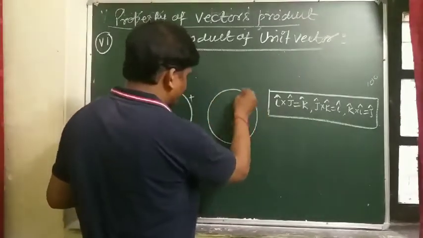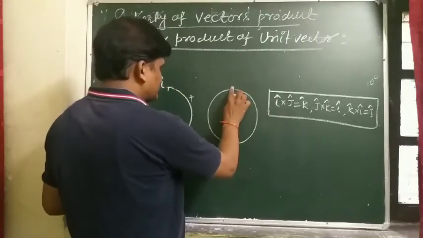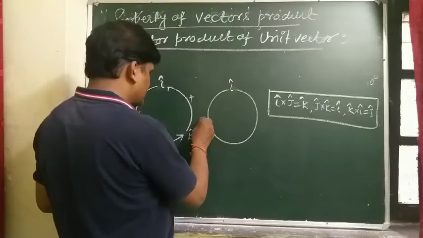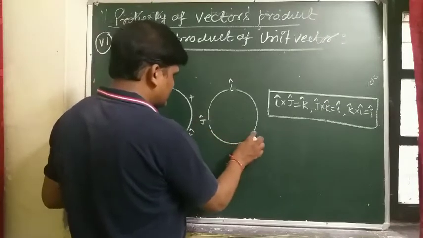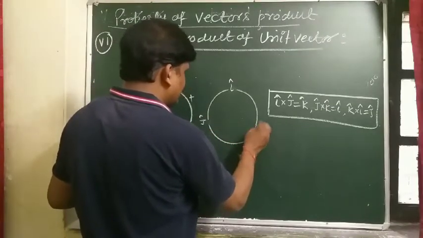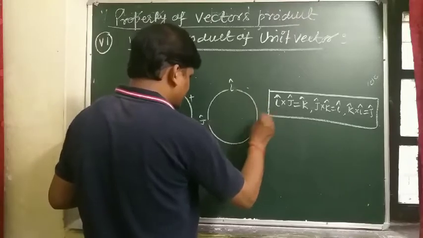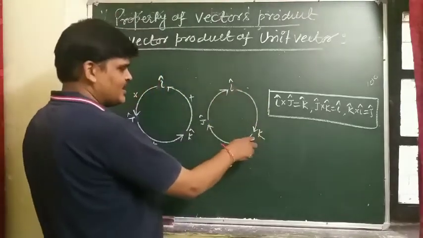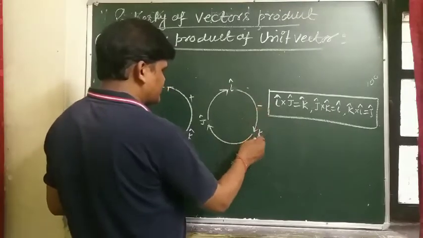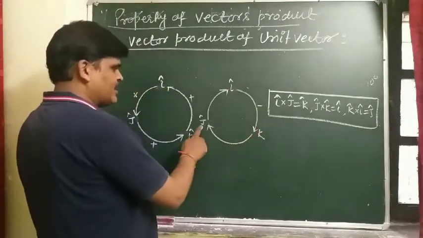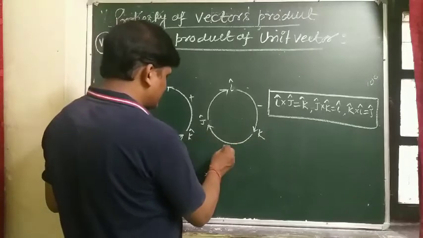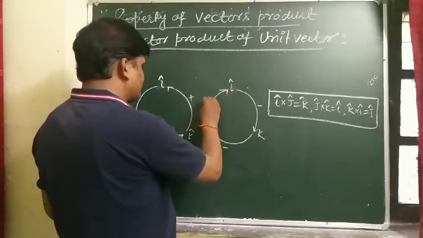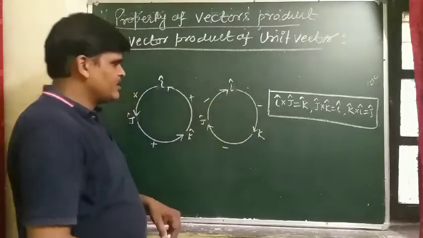And the clockwise direction is taken to be negative. If the rotation is clockwise, so i cross k comes out to be negative: i cross k is minus j, k cross j is minus i, j cross i is minus k.